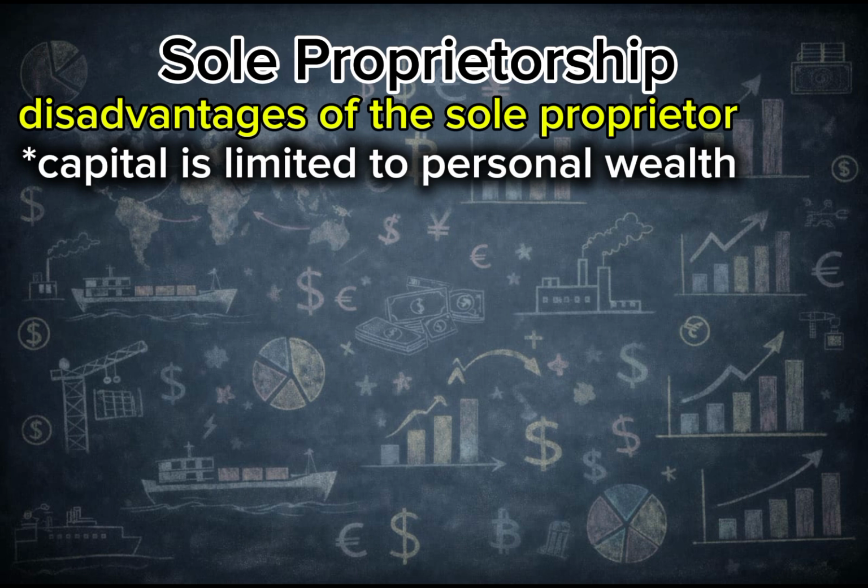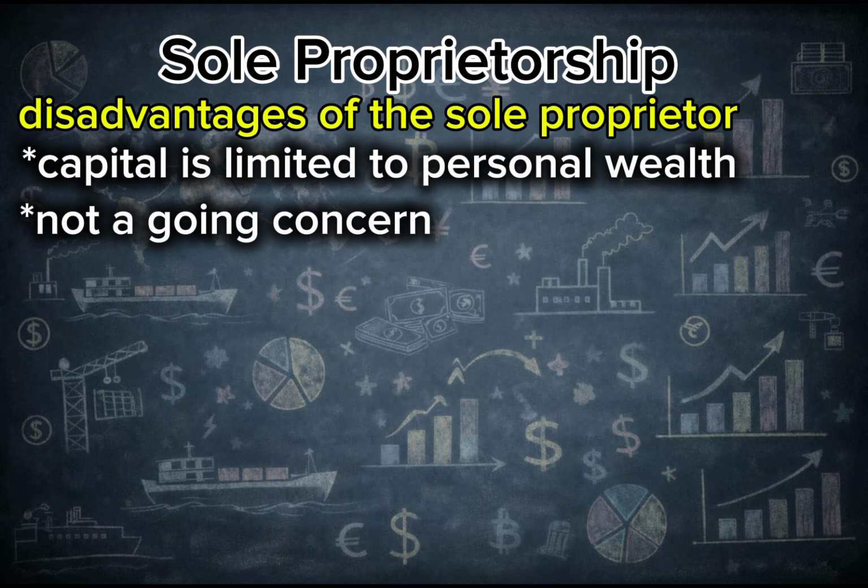Another thing is that the life of the company is limited to the life of the owner. What I'm trying to say is that it is not a going concern. If the owner of the business dies, the business dies with him. It is not a going concern. We do not see that business existing into the unforeseeable future.